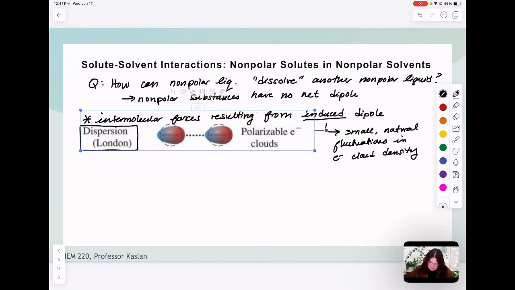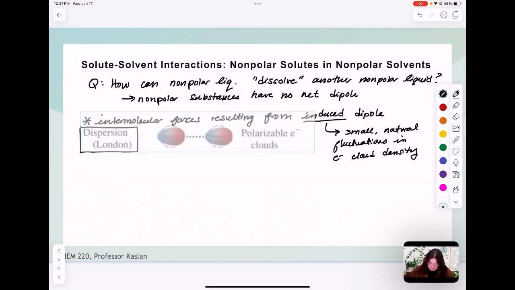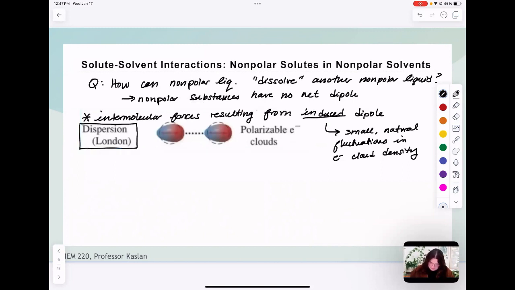And if we look at this image here, what you're seeing is this idea of something having been induced, or one fluctuation causing another.